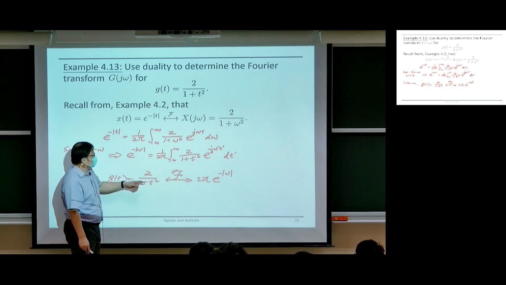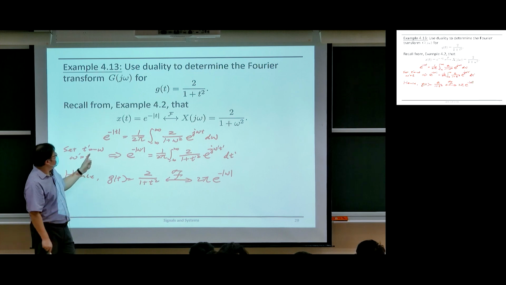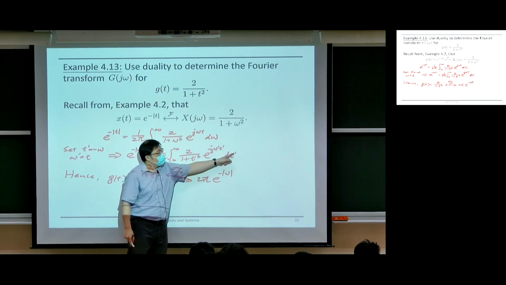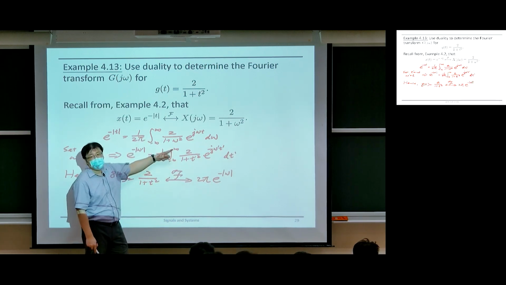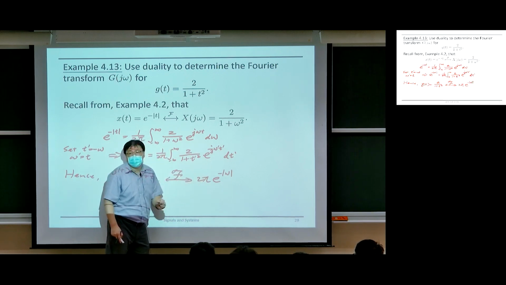Yeah. So when you change omega to minus t prime, you should have a minus dt prime, right? But the limit also goes from infinity to minus infinity. So when you switch this around, you get a negative sign that cancels out.